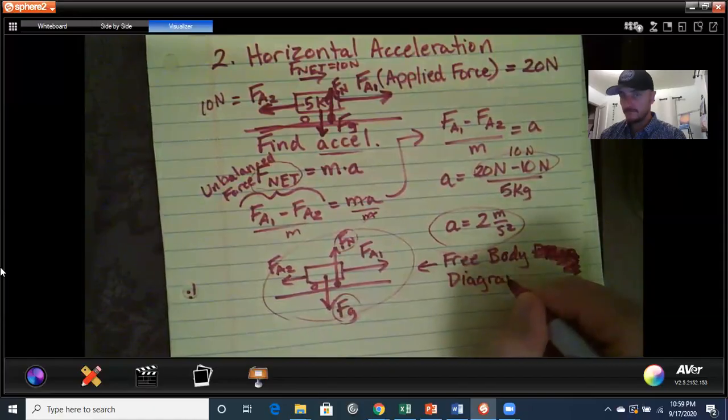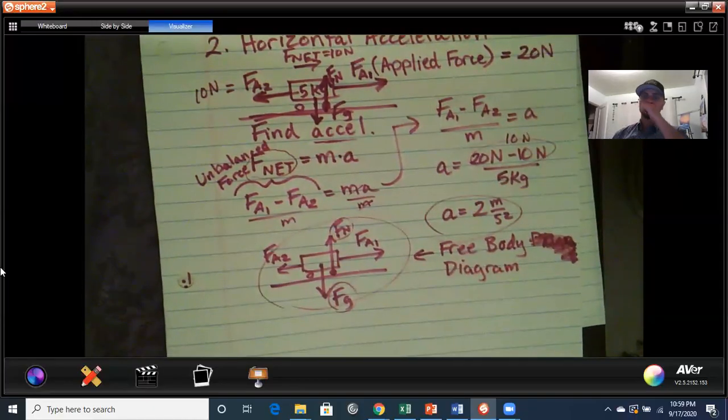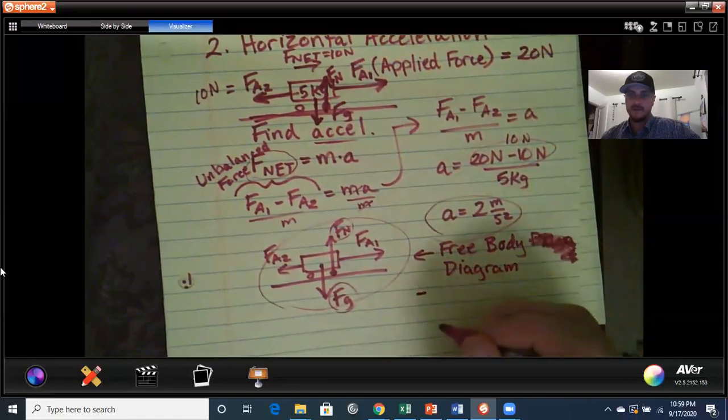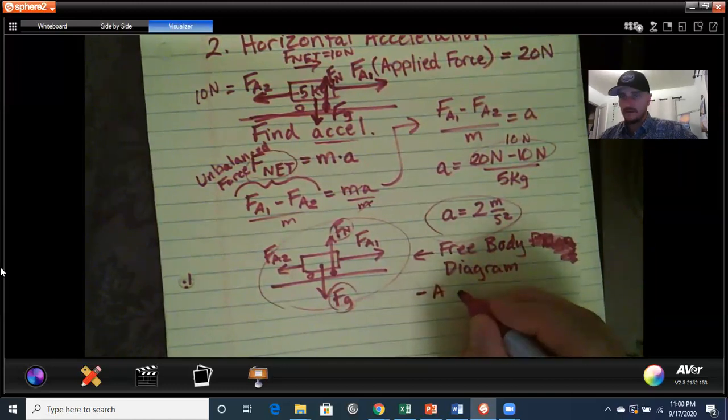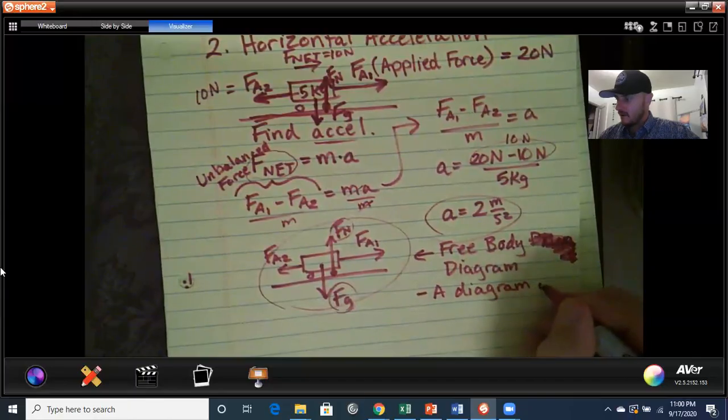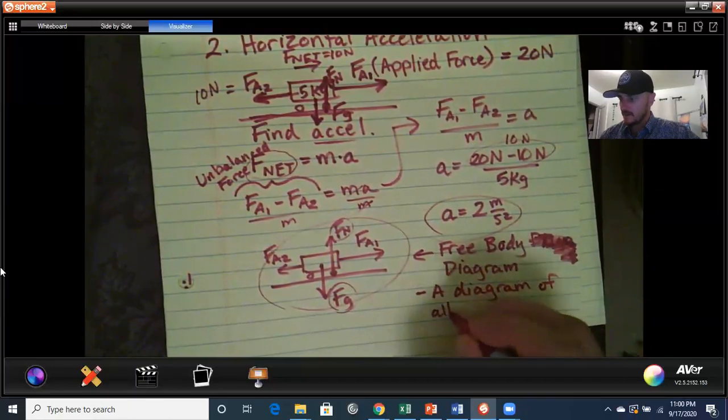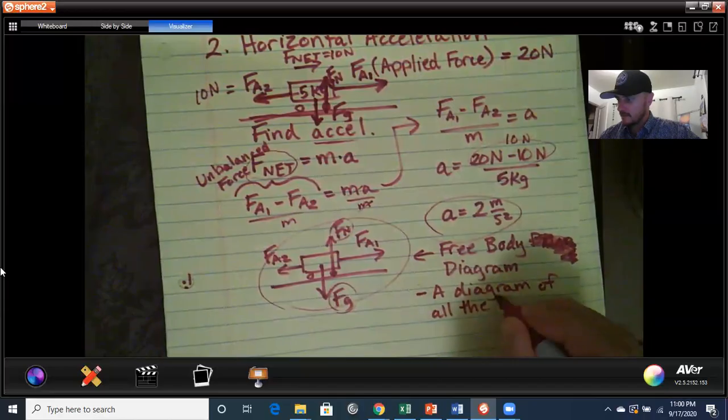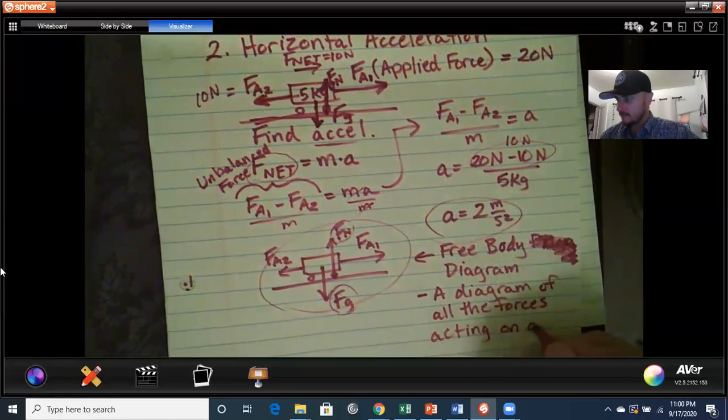Free body diagram. And now my quick definition of this is a diagram of all the forces acting on an object.